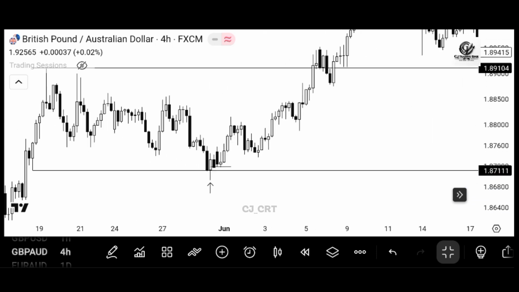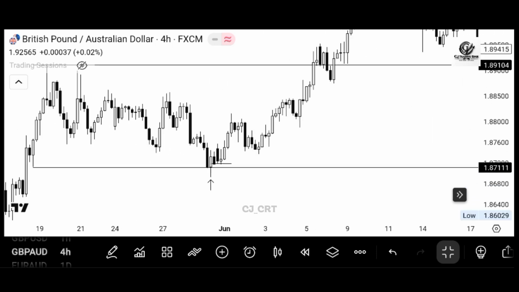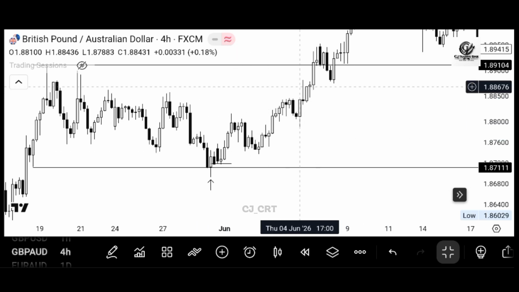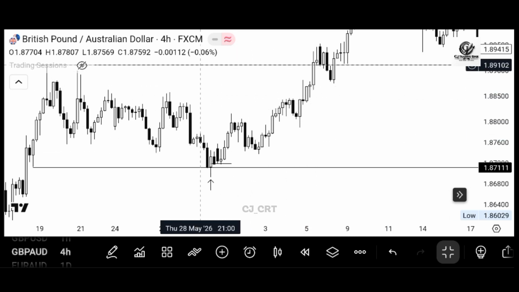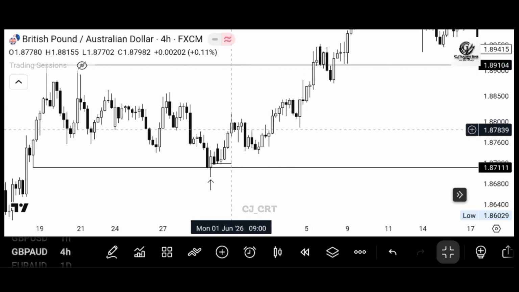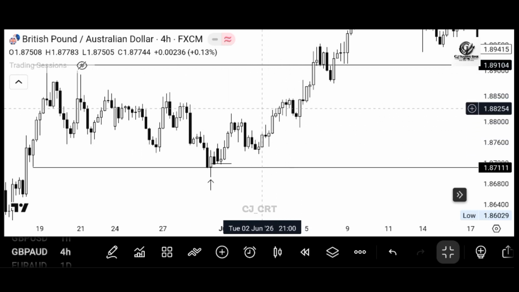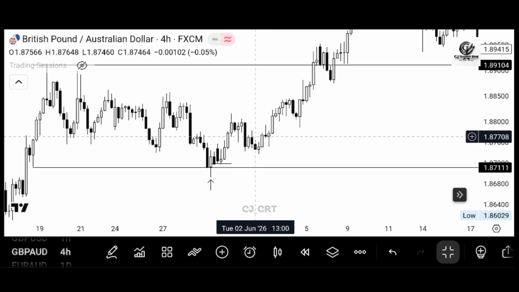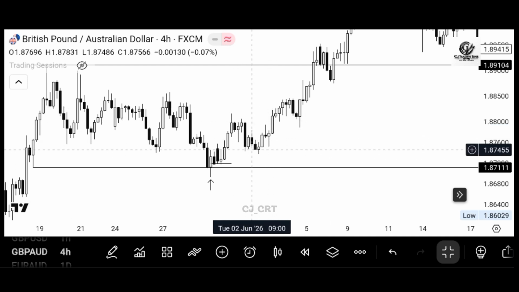Just like I said in one of my videos, when you're in this type of market aiming for this CRT high, whether it's a 4-hour, daily, weekly or monthly, you should be looking for 4-hour CRT. If it's a daily CRT you're trading, look for 4-hour bullish CRTs.